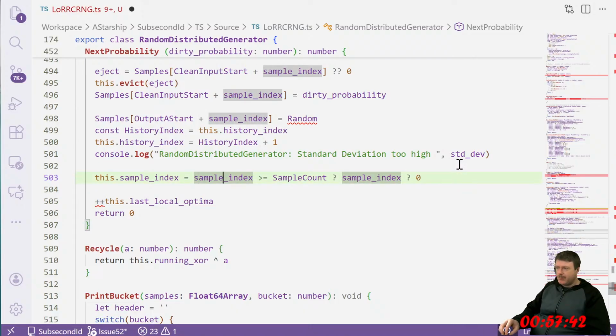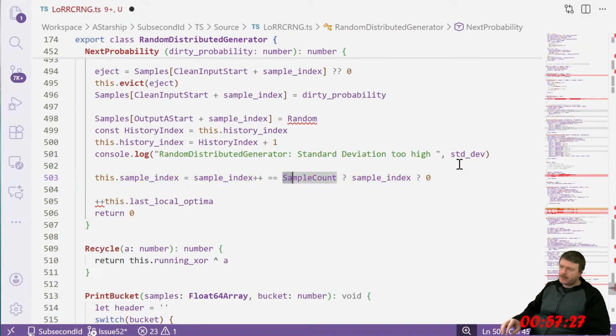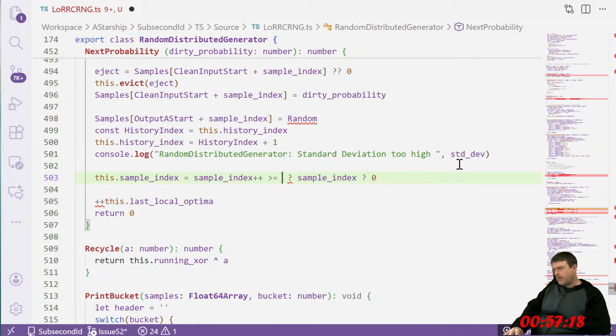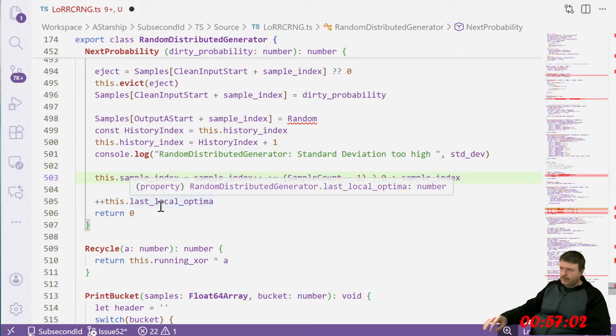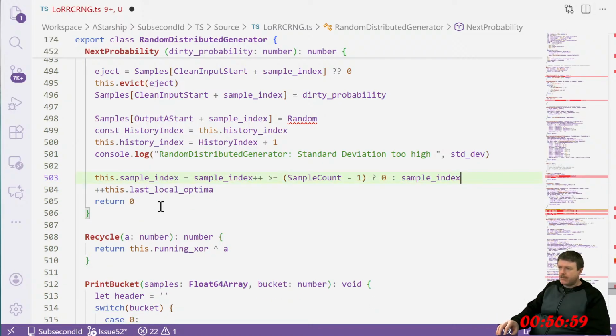Sample. I know it's not as strong, but this is more convenient. Sample. It's way better, huh?